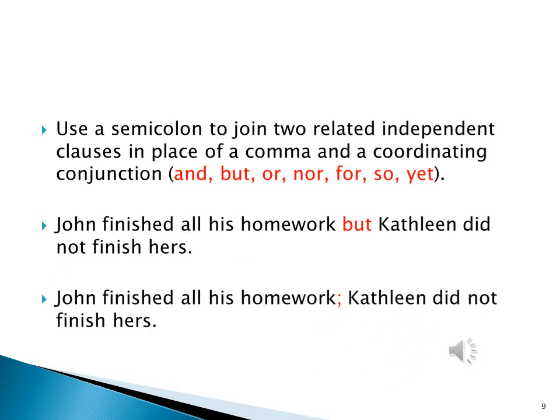Use it to join two related independent clauses in place of a comma. So instead of a comma, you can use this form, with a coordinating conjunction: and, but, or, nor, for, so, and yet. So here there are two points. The first one: use the semicolon to join two related independent clauses, as we said, in place of a comma.